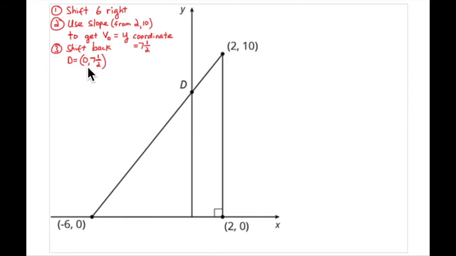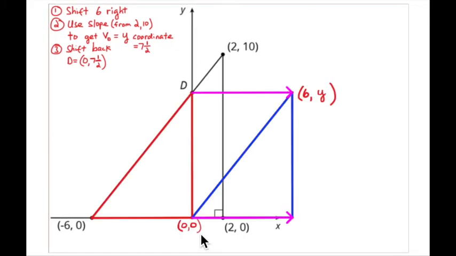So we know that that point is 0, 7 1/2 right here. So let's go through this visually, and that might make it a little bit easier for some of you, and for some of you it's going to be even more confusing. But it's a visual example of what's going on. So what we are doing is that we are sliding this slope triangle over 6 units to the right.